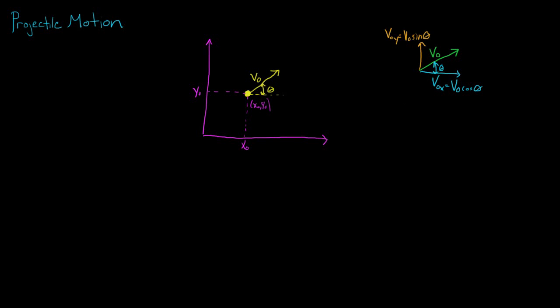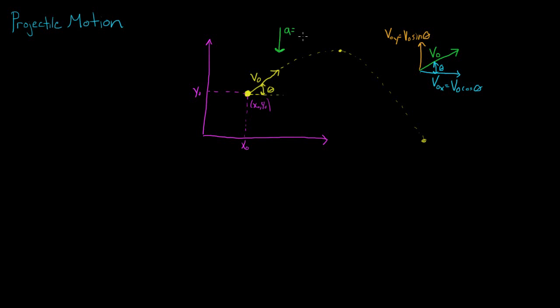Now, if we shoot a projectile, we know it's going to go up to some maximum height right here and then fall back to the ground, and at some point it's going to hit the ground and stop moving. And how do we analyze any projectile motion problem? Well, we have to see that the force acting against this is going to be gravity.